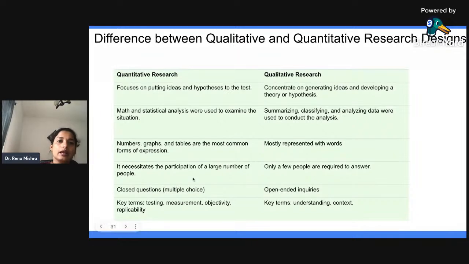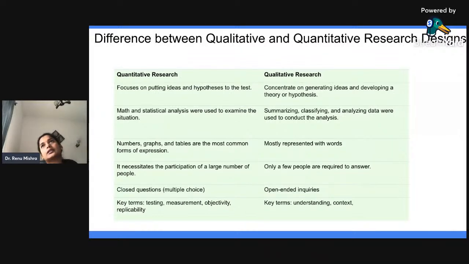In quantitative research, statistical analysis is used to test the situation. You analyze the data, classify the data, and then accordingly put your interpretation into place. You use numbers, graphs, pie charts, and data visualization tools for quantitative.